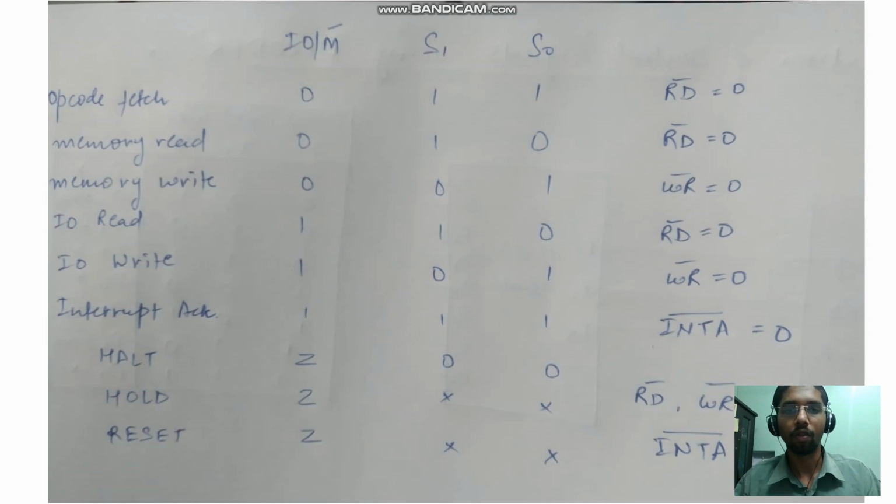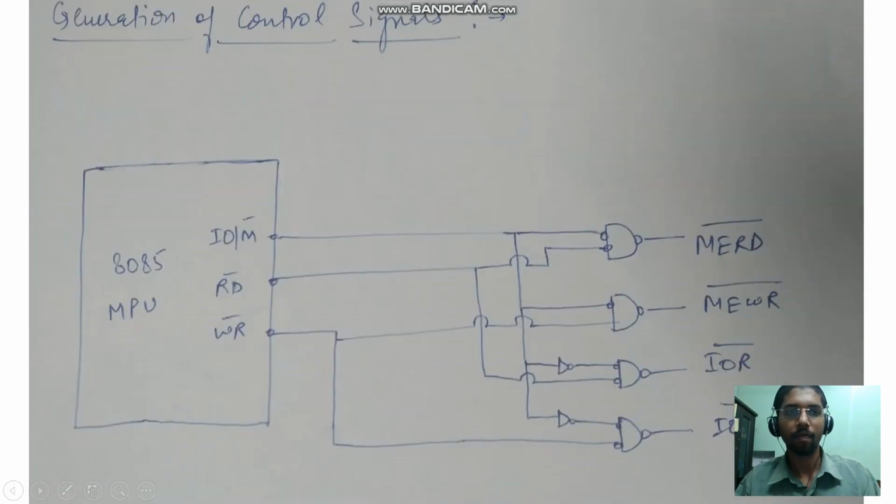Afterwards, we'll go to the generation of these control signals. There are three control lines, and from these control lines four control signals are generated. These control signals are memory read, memory write, input read and input write. Input write is not visible, but that's what it is.